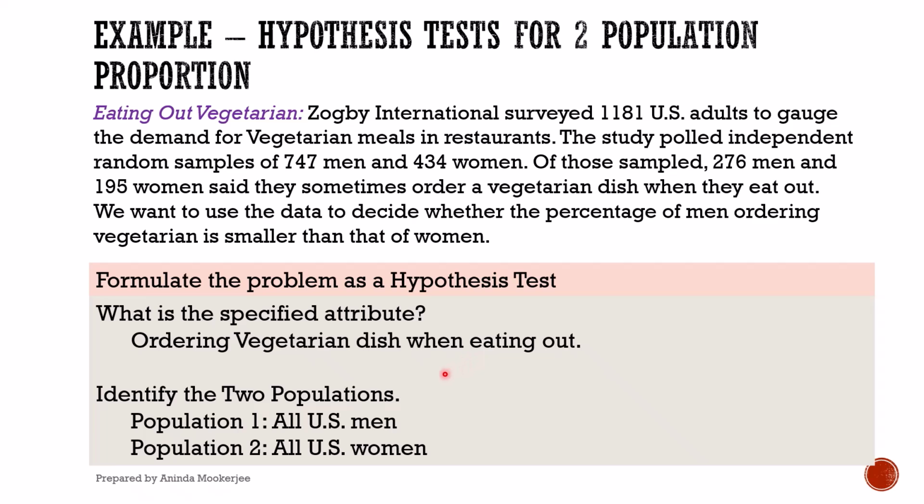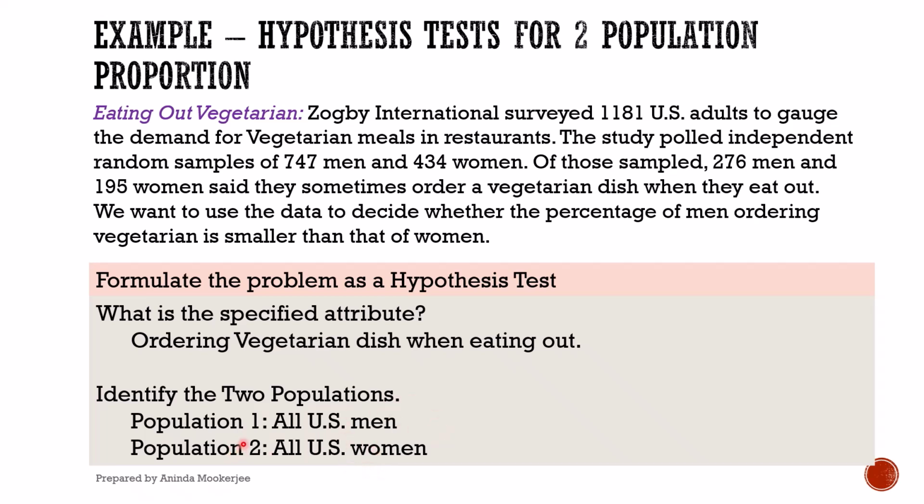What are the two populations that we are concerned with here? It's up to us to determine which is population 1 and which is population 2. But we'll just say population 1 is all US men, and population 2 is all US women. All right, so these are the populations.